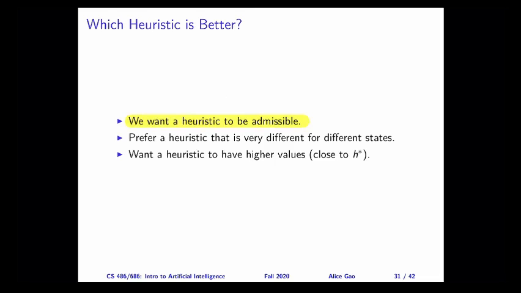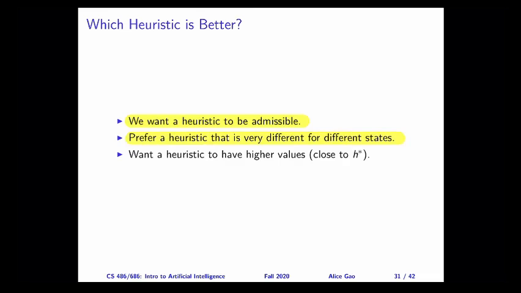Next, a nice property is that the heuristic function produces different values for different states. This type of heuristic can help us distinguish different states and decide which state to expand next.